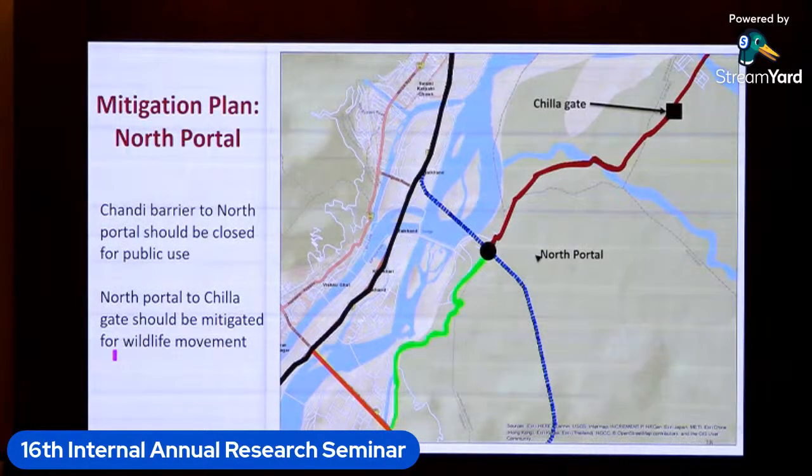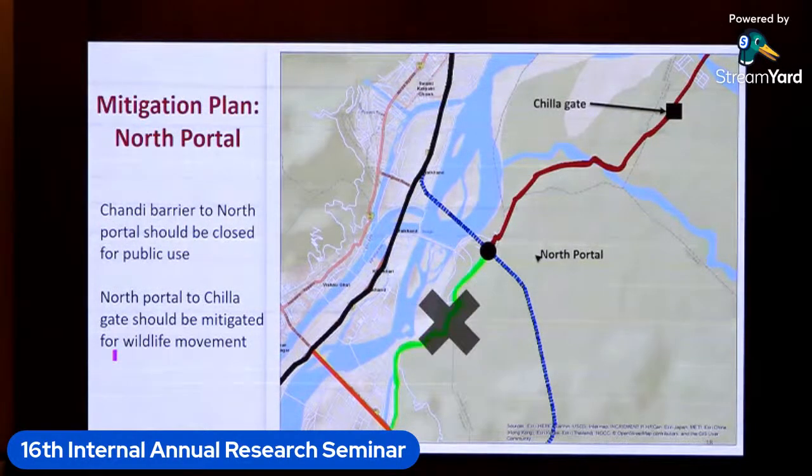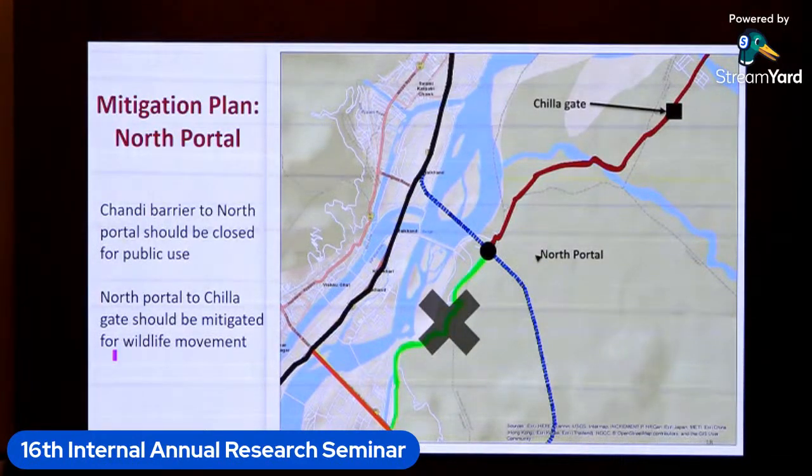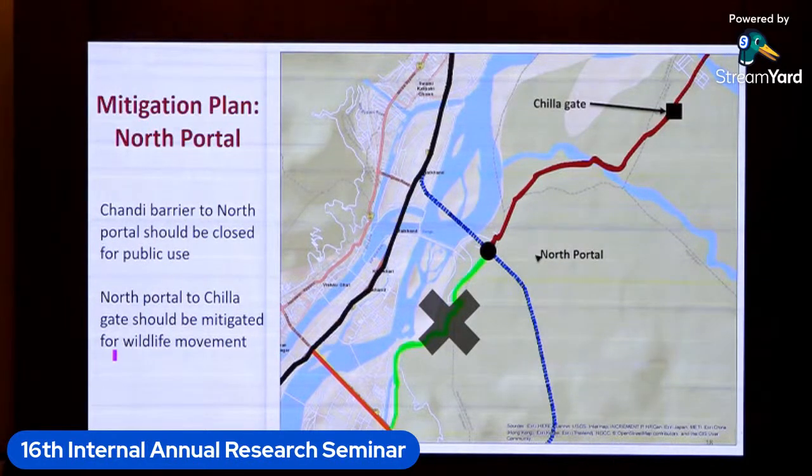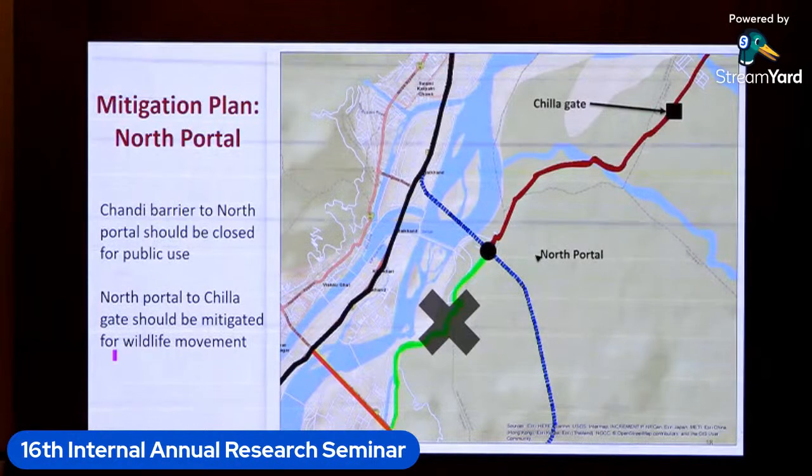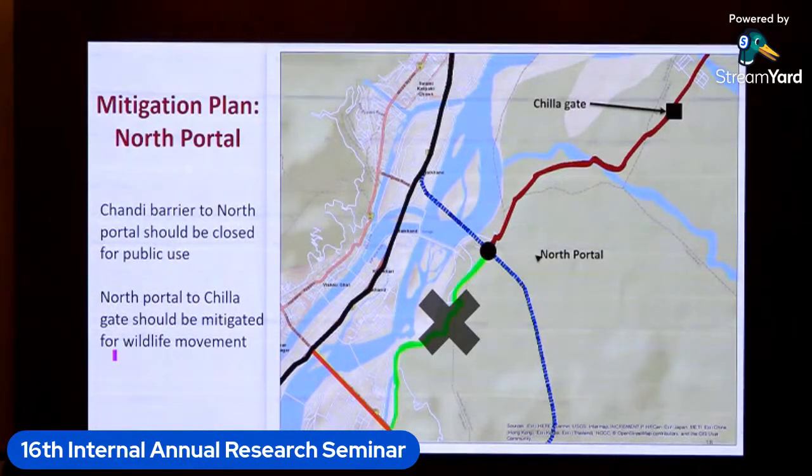On the north portal, the existing road between Chandi Barrage and Bhimgoda will be closed for public use. It will be of no use, and it will give free movement for wildlife if it is closed. And the road between North Portal and Chilla Gate will also need some mitigation measures, which will be assessed.